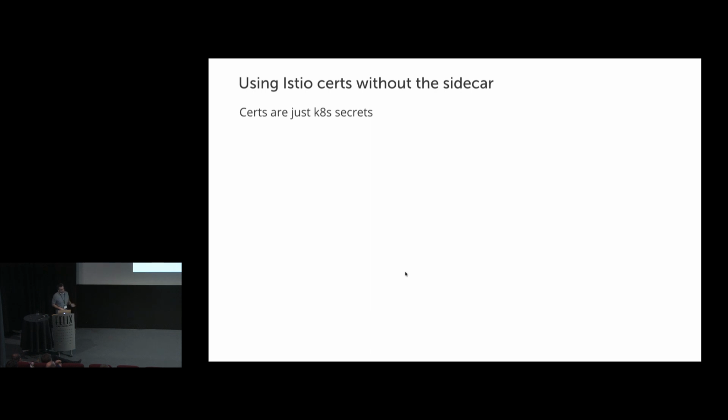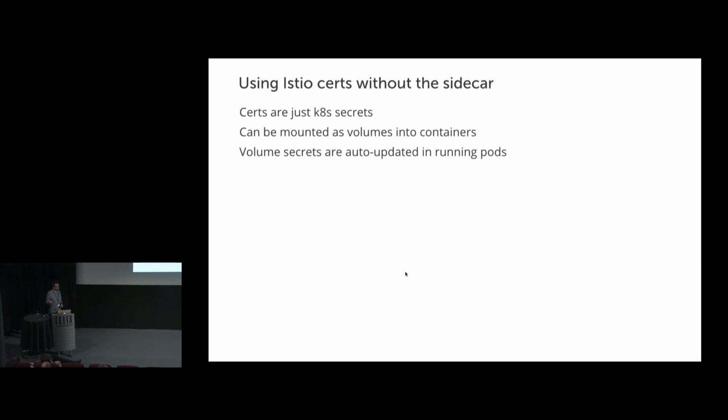Because these certificates are just Kubernetes secrets, they're just stored as base64 encoded data in the cluster. You can mount them into your own applications. What I usually do is mount them as volumes into the containers, and then whenever the secret changes, Kubernetes will update the volume that's mounted into the application.